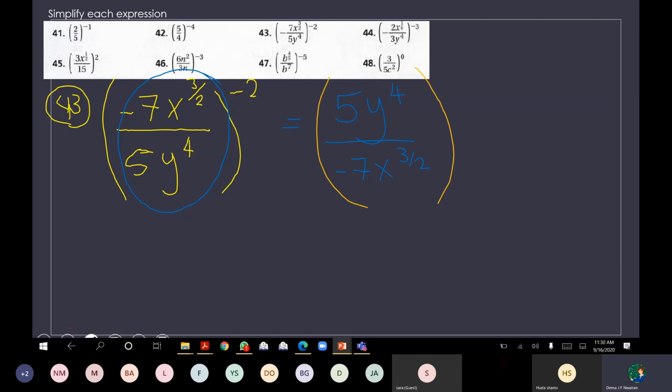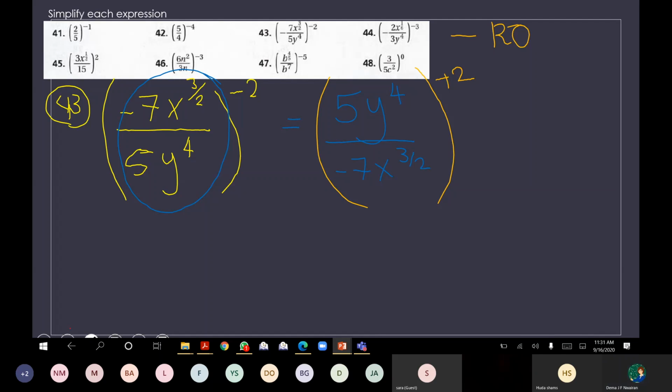Then after I write the reciprocal, write the opposite of the negative sign. What is the opposite of the negative 2? Positive 2. Then after that, here we have a quotient that is raised to a power.